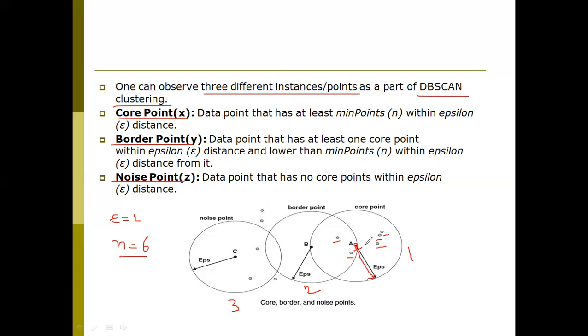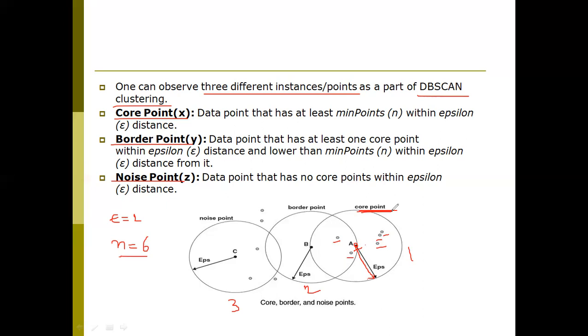If the total number of points is equal to or greater than n, the minimum points, then that cluster should be called a core point or core cluster. Which cluster has at least 6 or more than 6 data points, that cluster is called a core cluster.